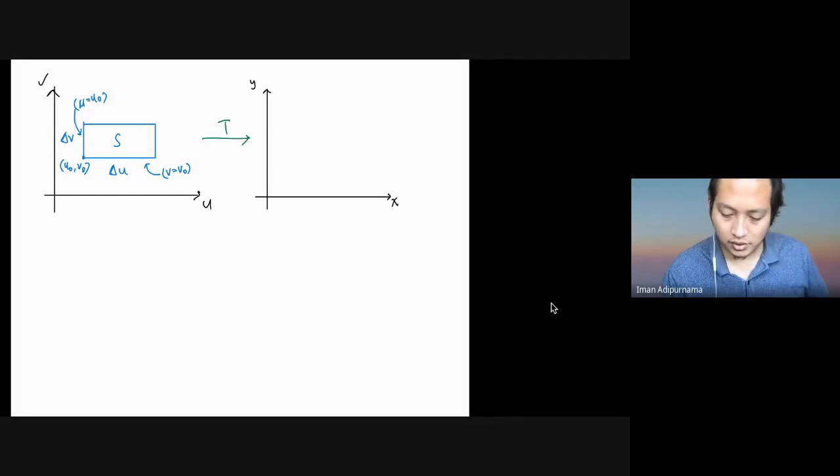So let's say we are having this kind of shape here.